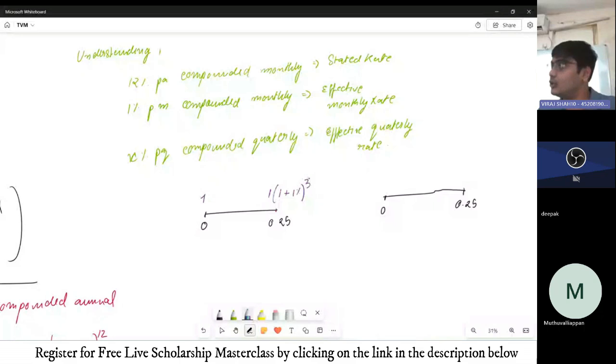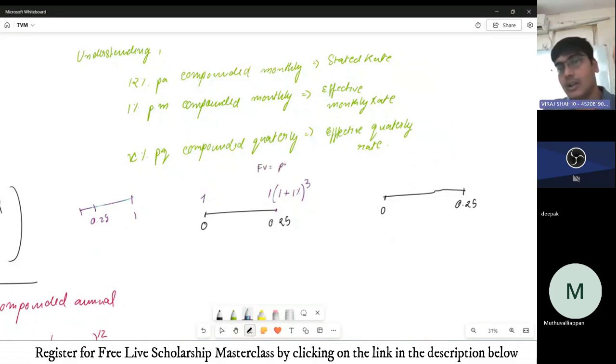At the end of 3 months ये वैल्यू होता 0.25. Whenever we create timelines, we create in years. 1 year, right? So what is 1 quarter? 0.25. What is the future value at the end of first quarter? This is the future value. Clear? एक बार देख लो अच्छे से.